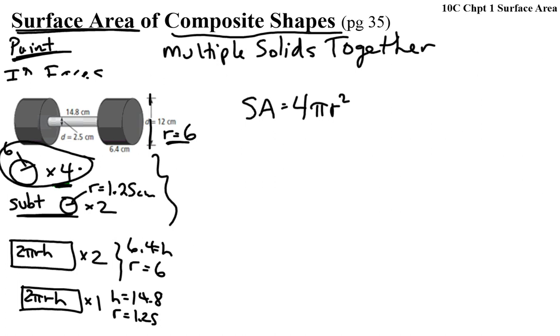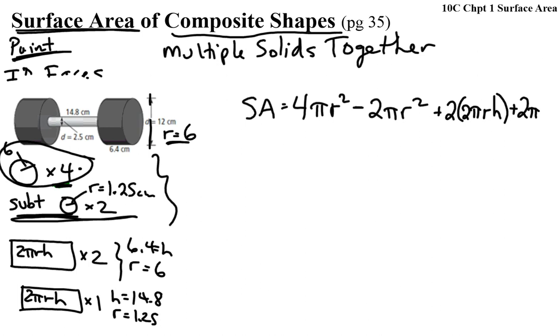But we also have to take away 2 of the smaller circles that aren't being painted on the big circles. What else do we have? We have 2 pi rh rectangles and a last 2 pi rh rectangle.